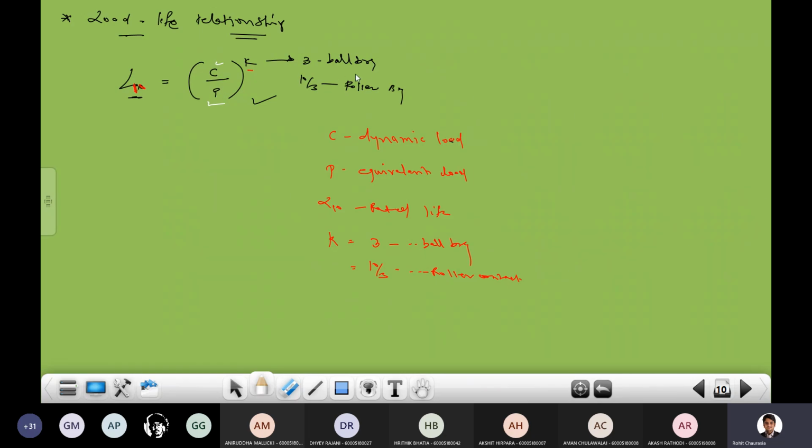K already depends on the ball bearing और roller bearing, ये भी पता है. तो if I am getting the value of P, so easily I can get the L10. Once I get the L10, I will put it there and try to find out the L08.